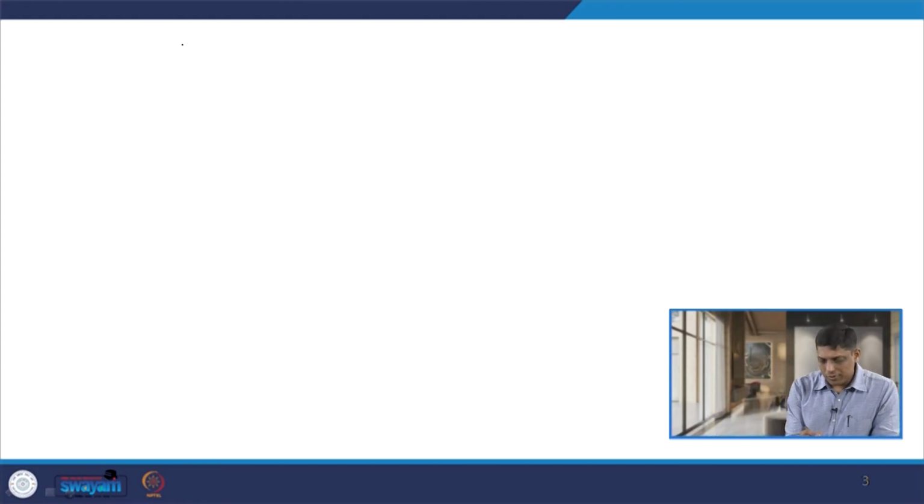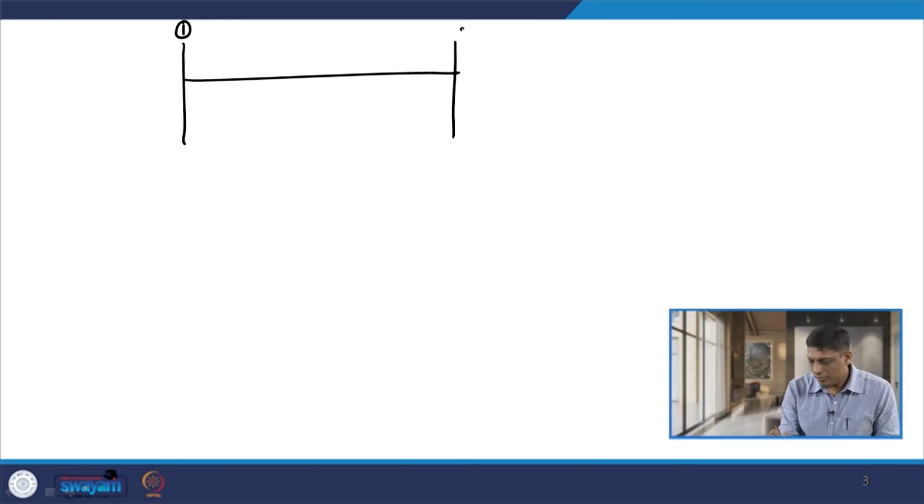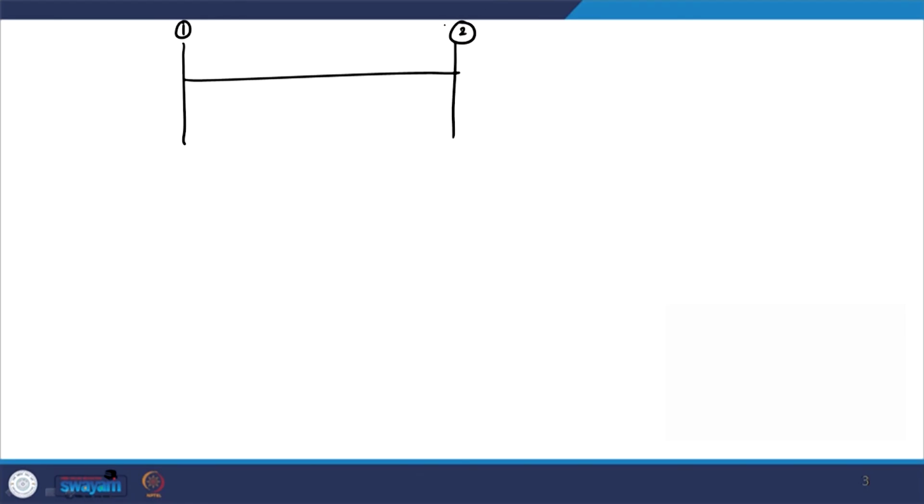Suppose one line is connected between two buses, and I just want to show you what is the impact of RF.